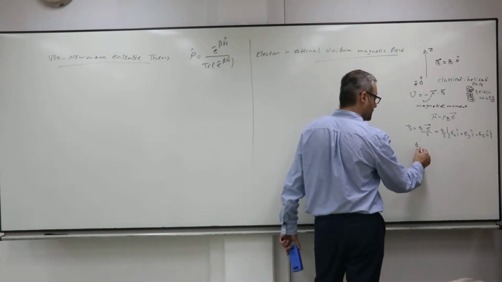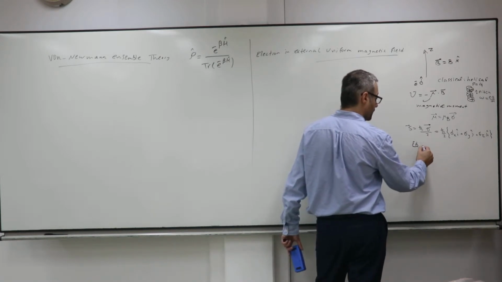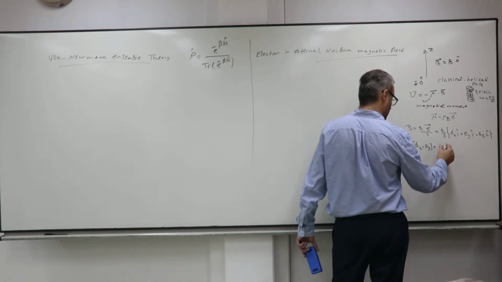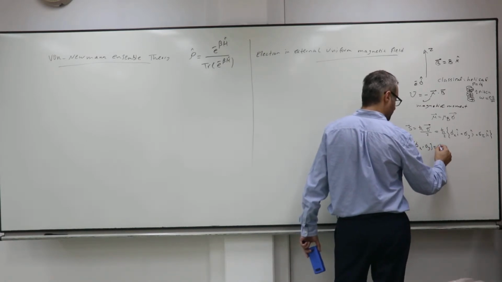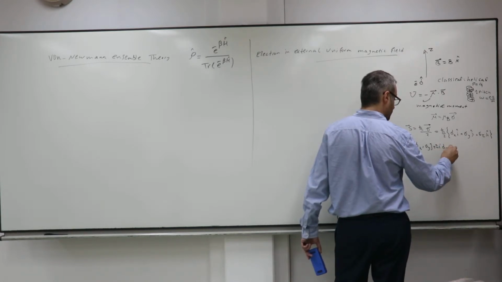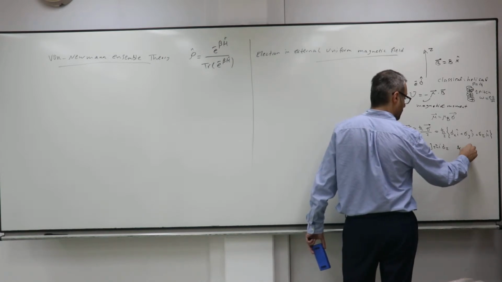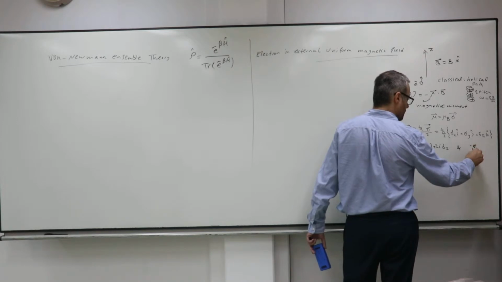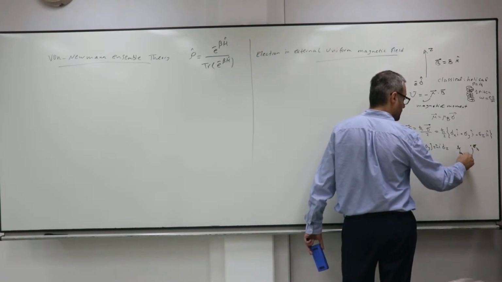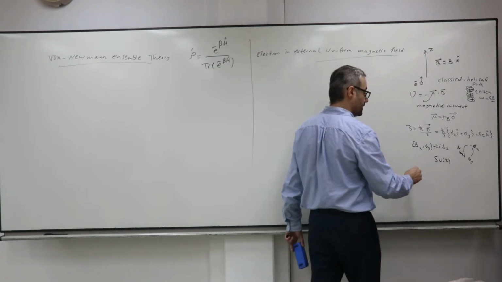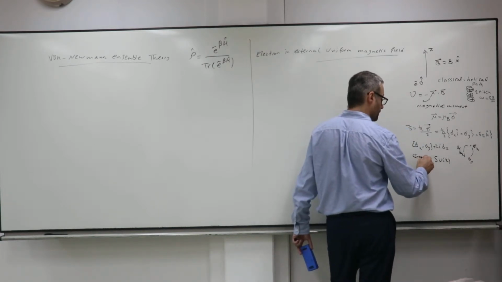And you know that these sigma are called Pauli matrices. You can calculate sigma x, sigma y, sigma z. They have a structure called the SU(2) group.